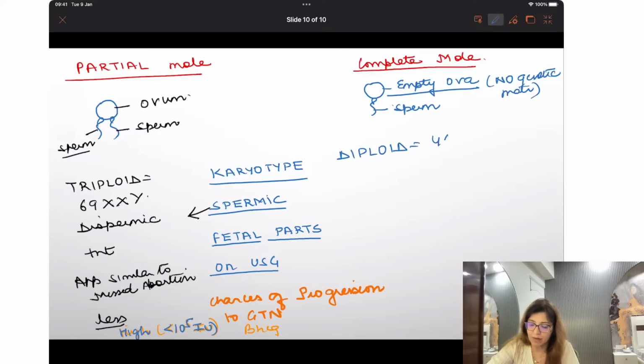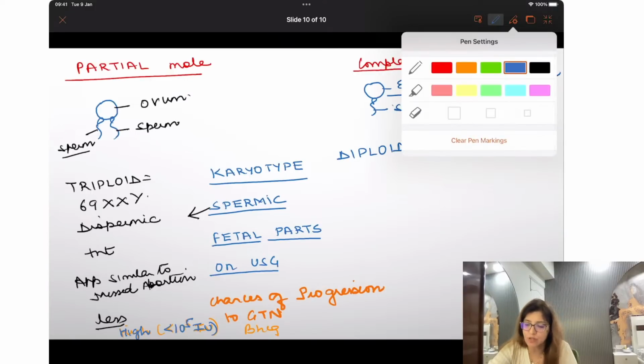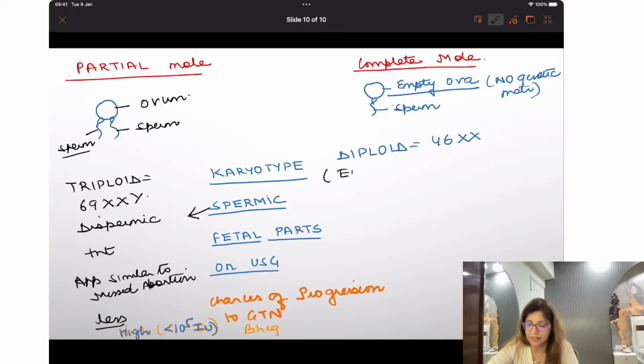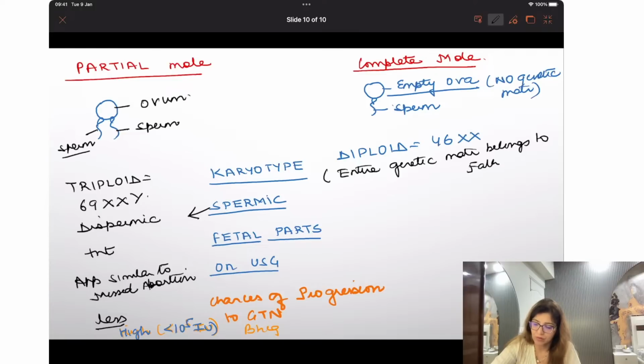Its chromosome number is 46XX, but what you have to remember is that the entire genetic material belongs to the father. The mother's ova was empty. All the genetic material belonged to the father, and it duplicated itself. That is how complete mole is diploid. Because it is fertilized by a single sperm, it is monospermic.